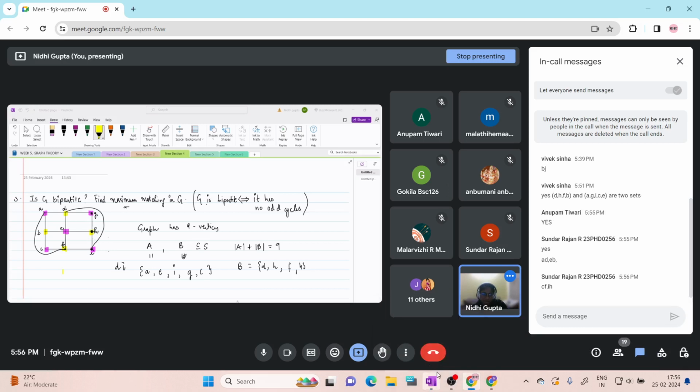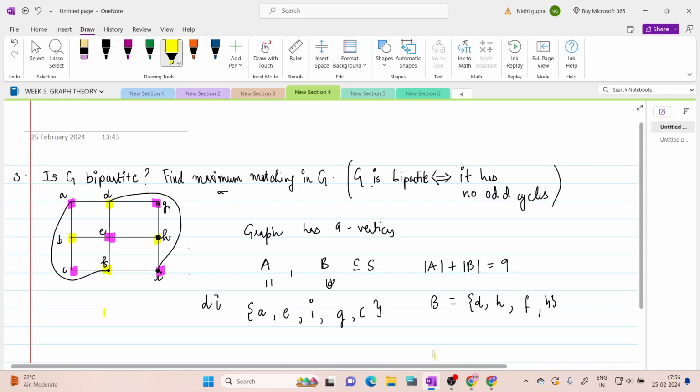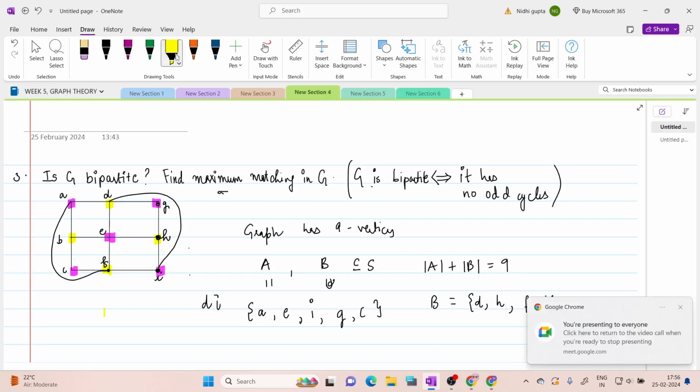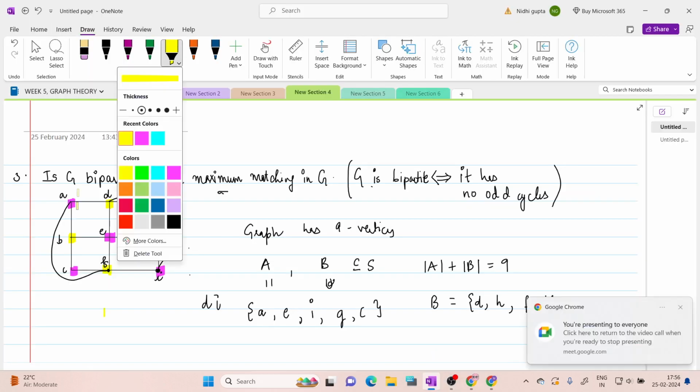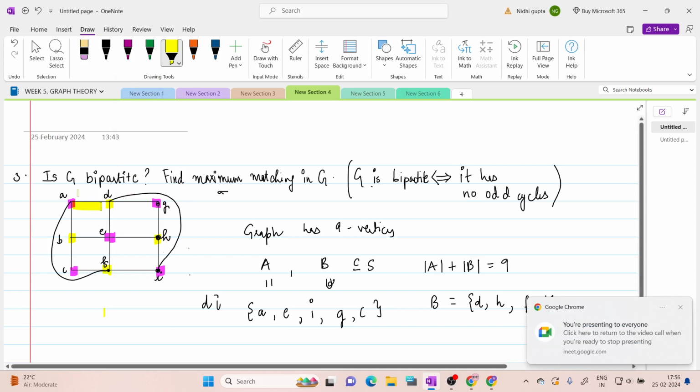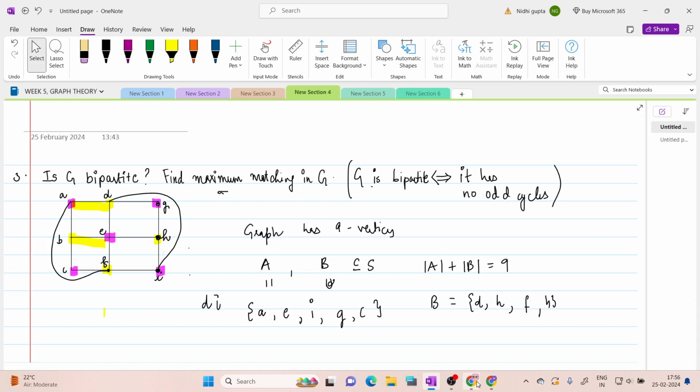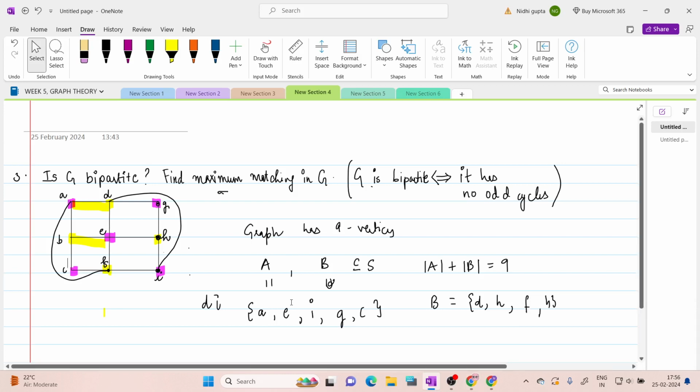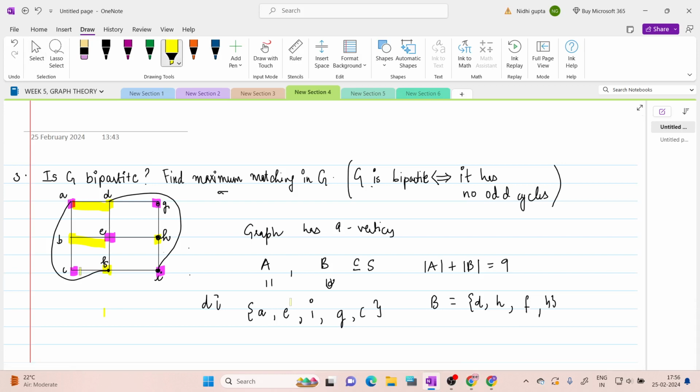Okay, there is a comment which says A D, E B, C F and I H. So yes, we see that it is a matching of size 4.